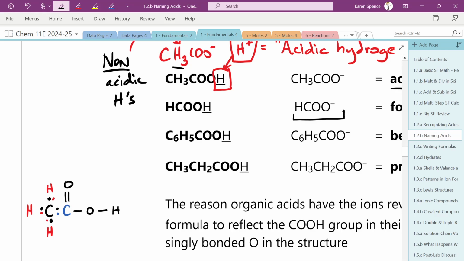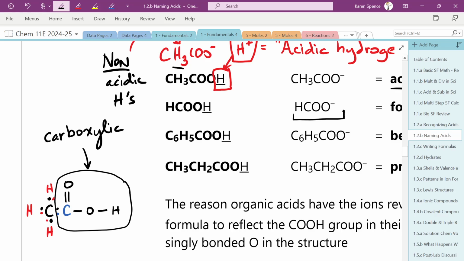It's based on carbon. Anytime you have a COOH, that tells you it is a carboxylic acid.